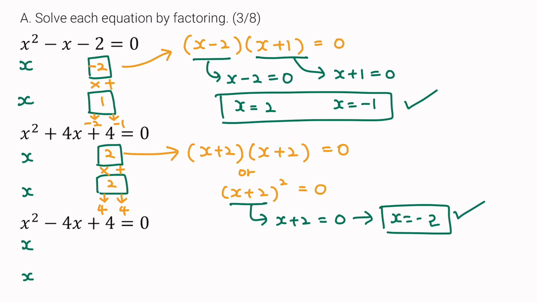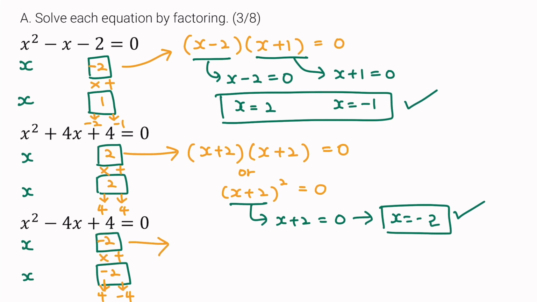Alright, two x's with two boxes. So two numbers that when multiplied gives me +4, but when added gives me -4. So 2 and 2 with negative signs on both of them. So that -2 times -2 gives me +4. -2 plus -2 gives me -4.